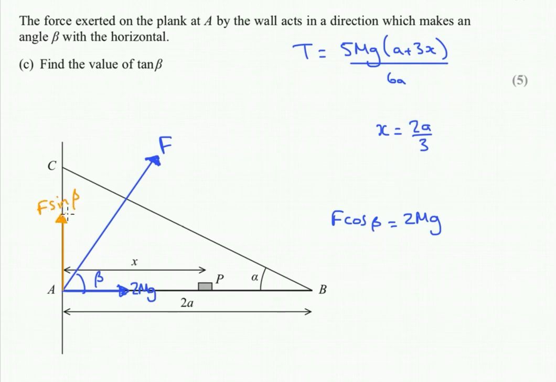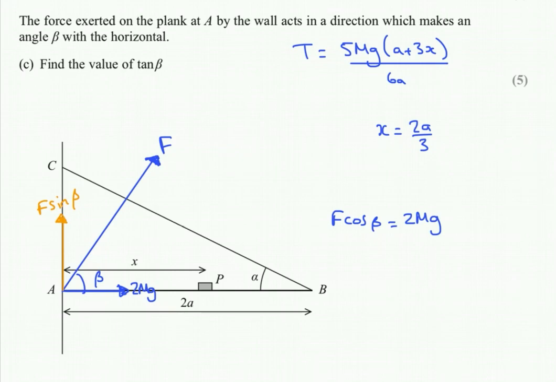Notice we've got a sine beta and a cos beta, and thereafter a tan beta. So at some point we're going to want to divide this one by this one. That will make the F's cancel, and whatever it's equal to on the right hand side will give us the value of tan beta. So that's the main aim, but we've got a few steps to do before then.